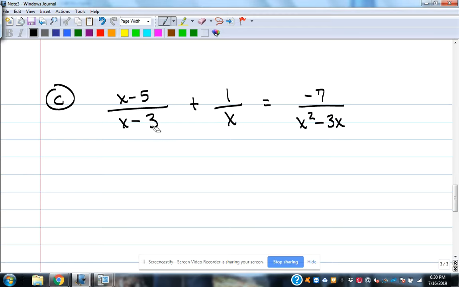Well, x minus 3, that can't be factored at all because there's no GCF or anything. Plain x is too plain to be factored. But x squared minus 3x, there's a GCF there, which is x. And that would leave us x minus 3 in the denominator. So the denominator for the third fraction is actually x times x minus 3.